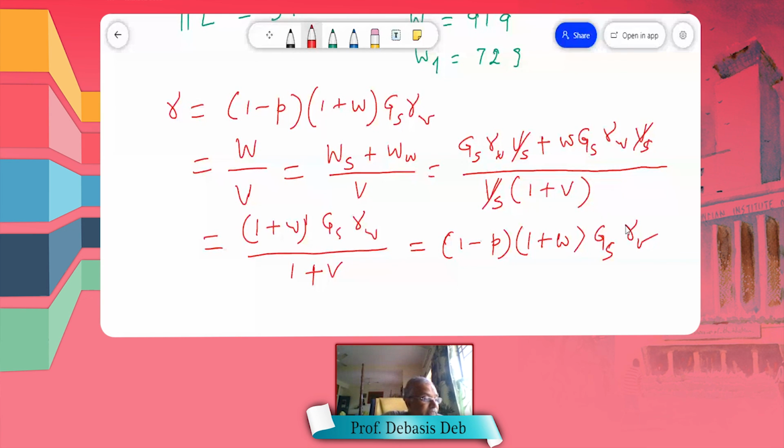This is a very fundamental relationship. Based on this relationship, we can solve many problems. So I will stop right here.